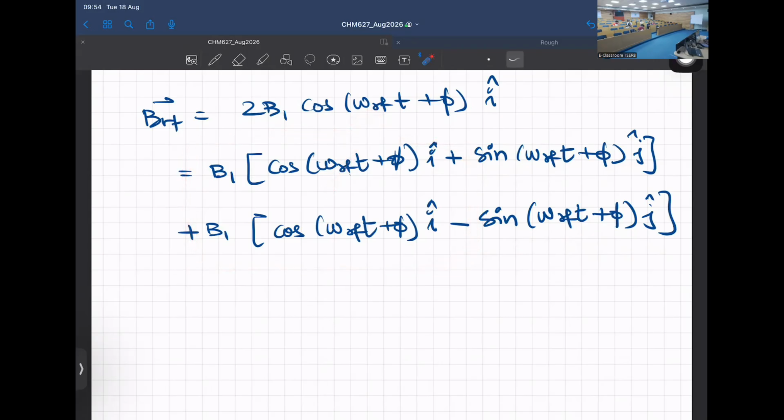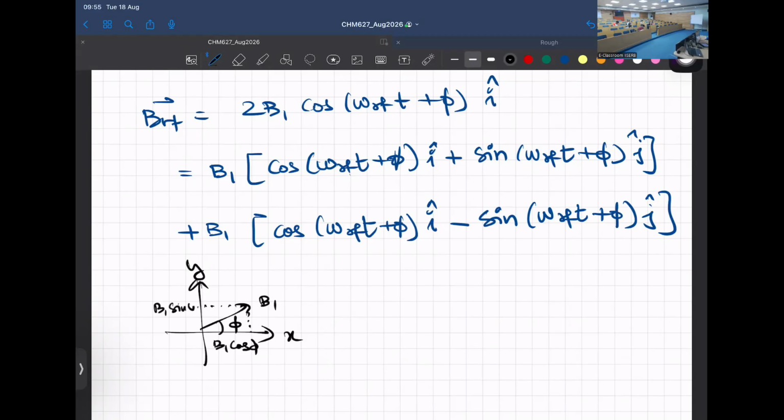The reason why this was done is because now you will be able to understand that linearly polarized light is decomposed into two circularly polarized lights. What does this mean? The cos plus sine part, let's assume it goes in the clockwise direction. For people who are not following, let's draw a two-dimensional graph where you have a phi component. If you drop the projection, this is going to be B1 cos phi. If you drop this projection, it's going to be B1 sin phi.